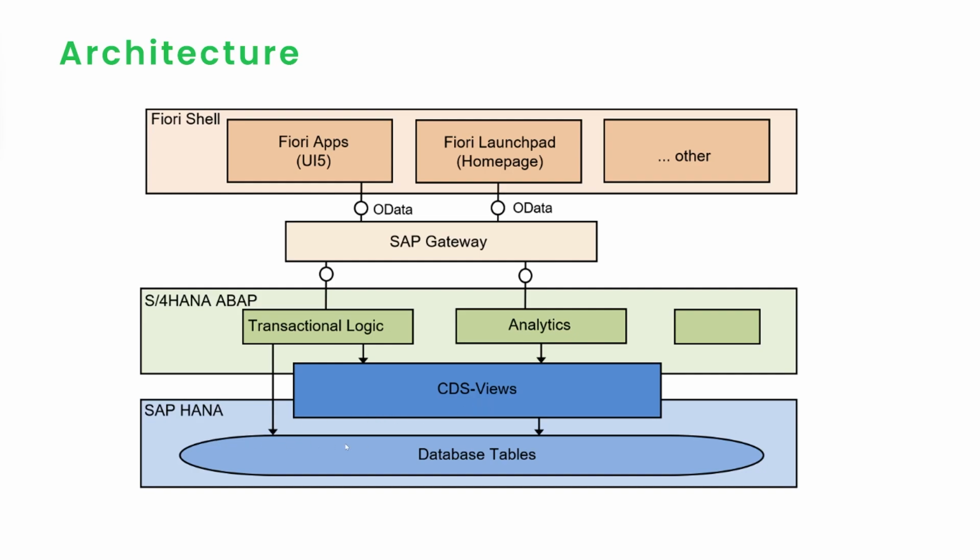But in the first layer, we will create the CDS view, and if it is related to transactional data, meaning any insert, update, delete, or analytical data, then we have to work with the ABAP layer.